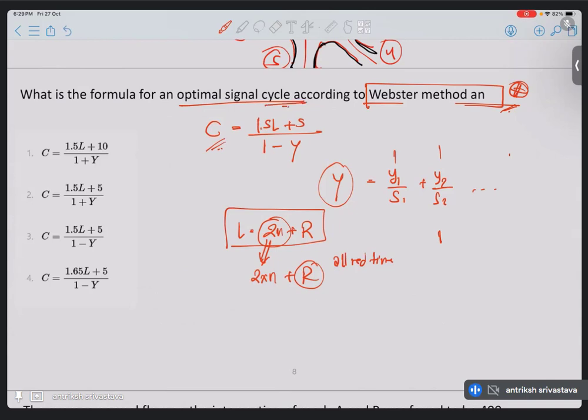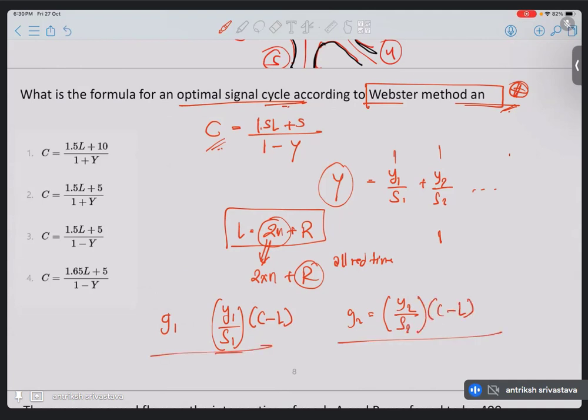And then from this optimal signal cycle, you use the saturation flow ratio that you calculated to get your green time for phase 1, green time for phase 2, and so on for how many ever phases you have, right? So this is the Webster's method. So for this particular question, the correct answer is going to be 3.